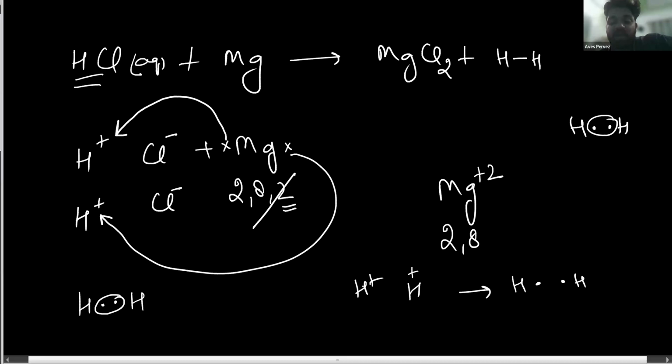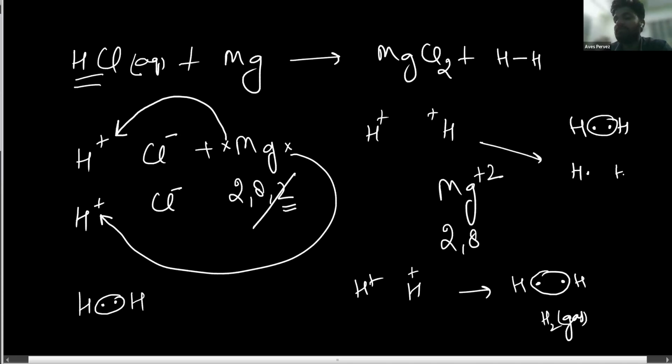Okay. So if I'm having H positive, this H positive ion will get one electron and will form hydrogen gas, H2 gas. Got it? For becoming H2 gas, the hydrogen ions must convert into hydrogen atoms by gaining electrons.